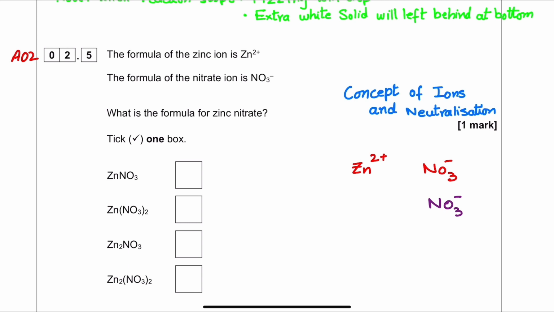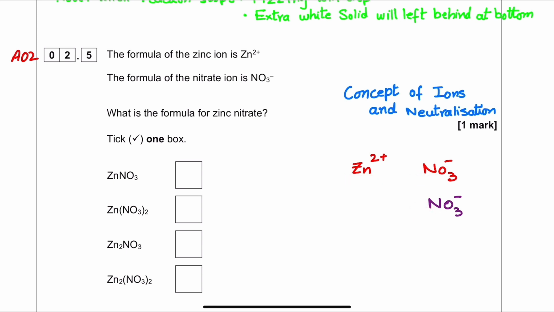Nitrate ions have a charge of 1−. A compound is always a neutral substance. So it has a plus 2 charge and a 1 minus charge. It means that we need one more nitrate ion. To balance one zinc ion, we need two nitrate ions.